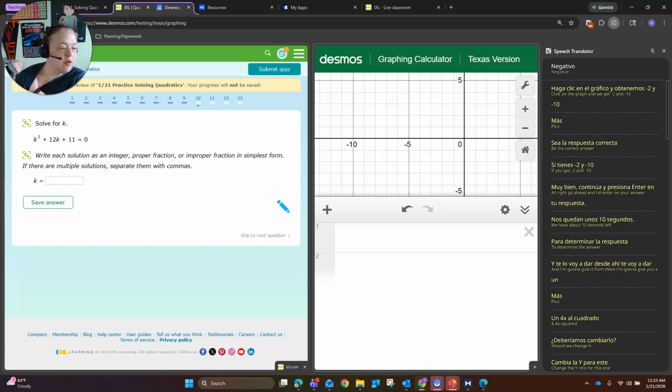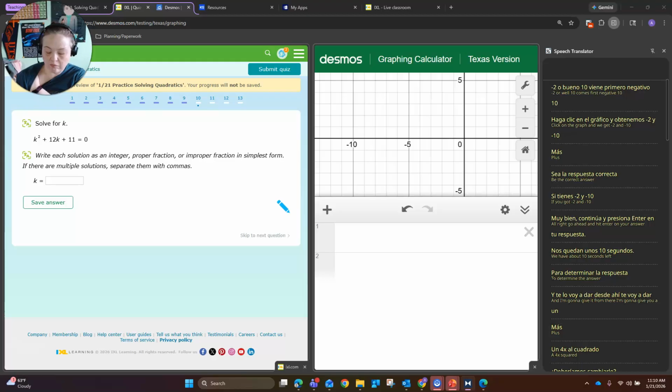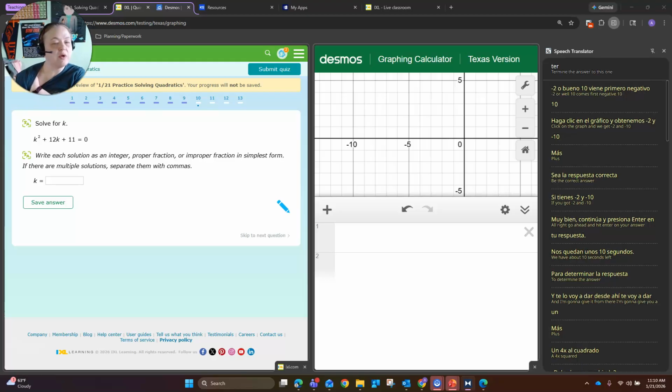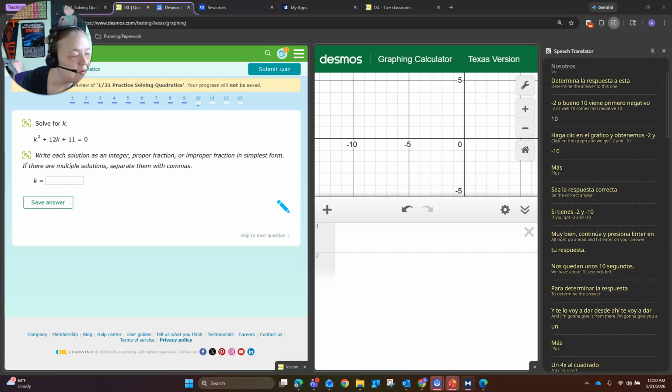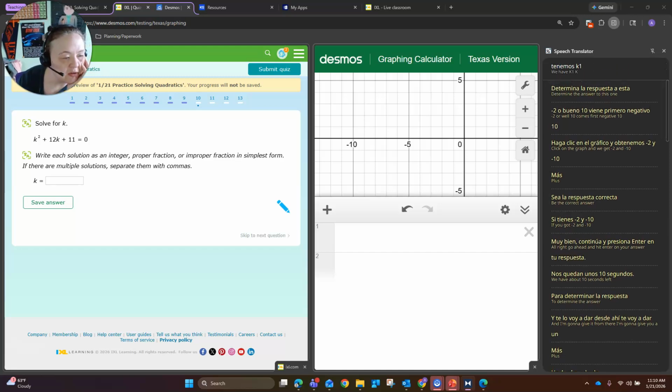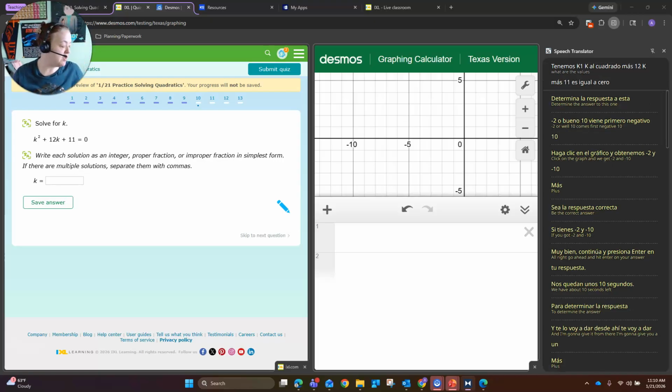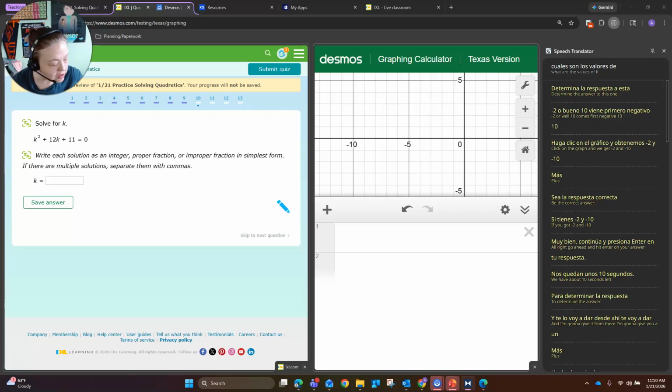All right. I'm going to give you about a minute to determine the answer to this one. We have k squared plus 12k plus 11 equals 0. What are the values of k? You have about a minute, and then you can put your answers in the chat.